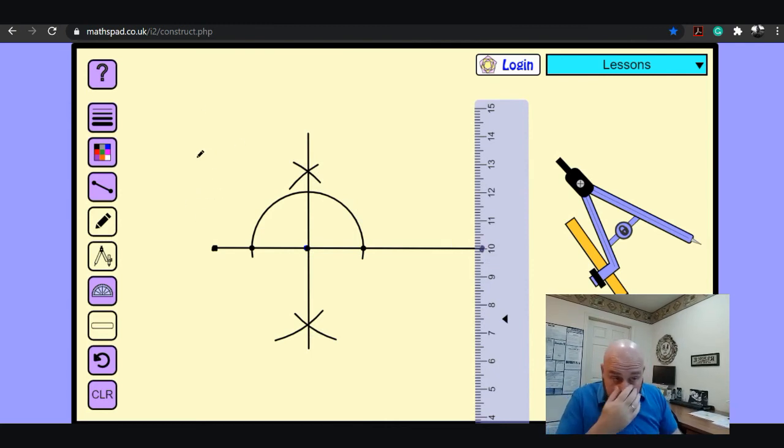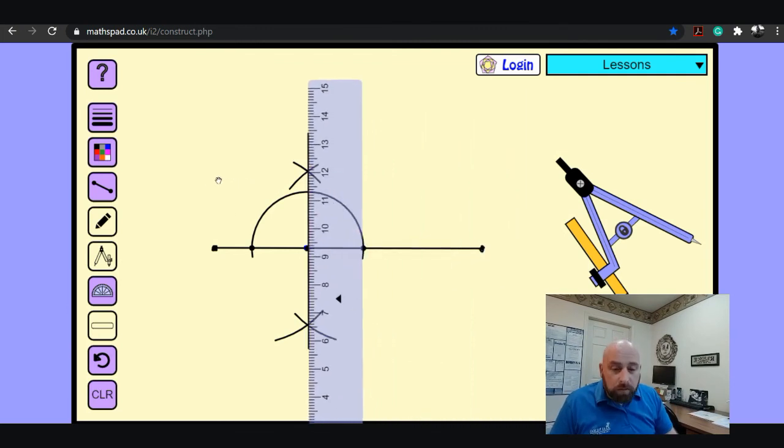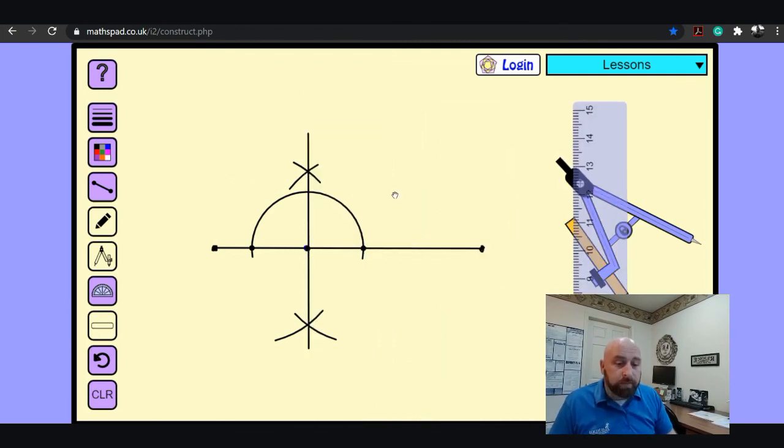The book does not show you to put the one on the bottom. I just did it so that you can see that it's maybe a little bit easier to connect your line like that. But all you need to do is put where the X is here at the top, and then down through the point. And there is your perpendicular through a point.